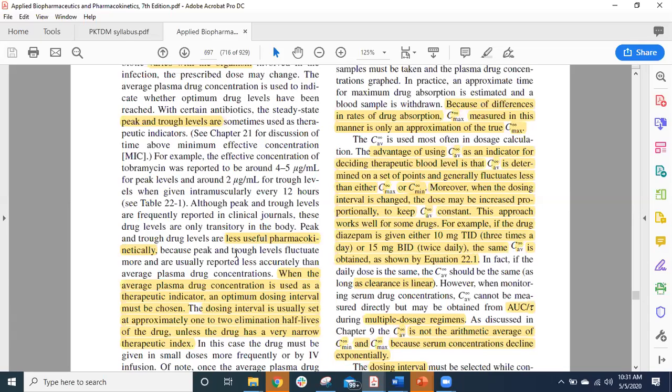If you give a high dose, the peak concentration may go high, and if it has a short half life, it can fall down very quickly. Or if the patient has missed the dose, or has taken a low dose, the trough may be very low. But the pharmacological effect doesn't simply depend on peak and trough, but it depends on what?